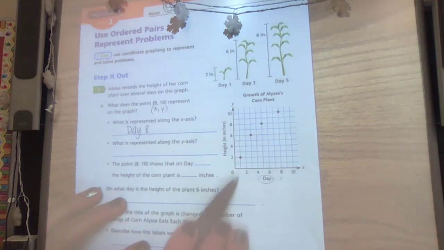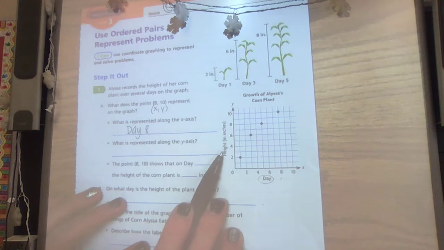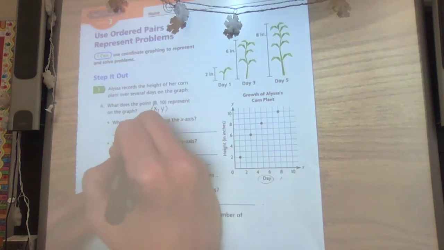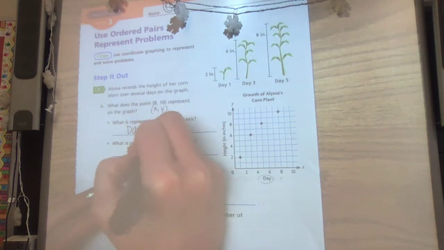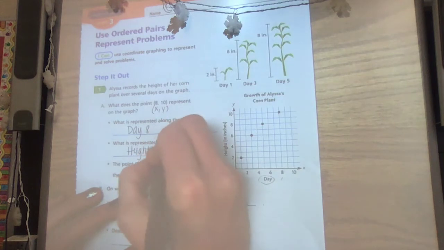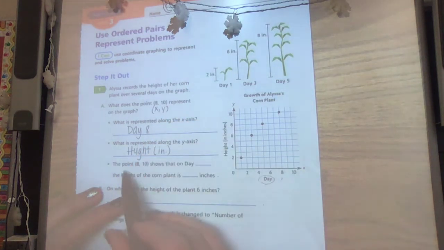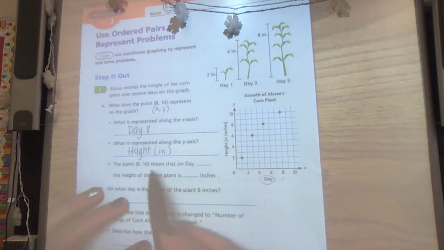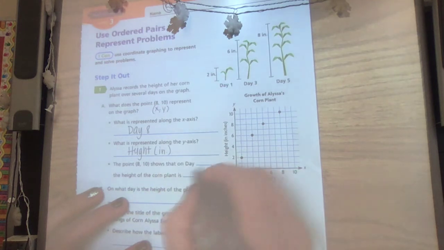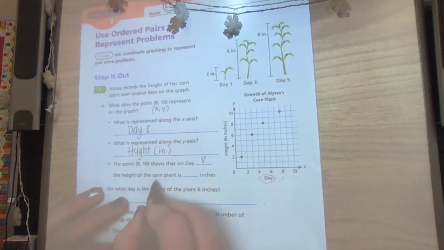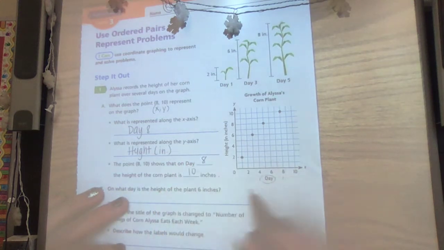What is represented along the y? It tells me that's the height in inches. So the point 8, 10 shows that on day 8 the height of the corn is 10 inches.